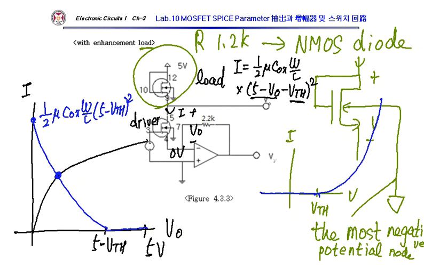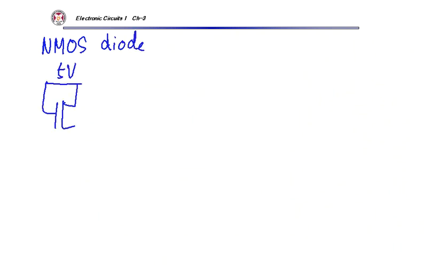Yeah, in this case, my small signal circuit. Let's see. What's the small signal equivalent circuit of a MOS diode? This is my diode, right? What's the small signal equivalent circuit of this diode?